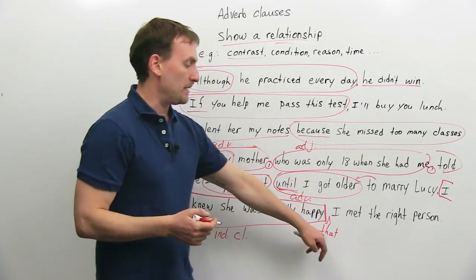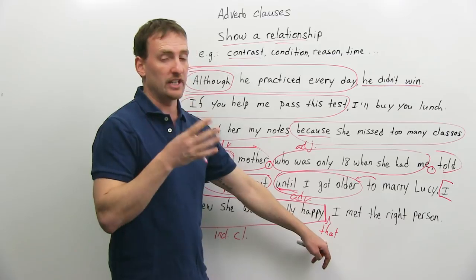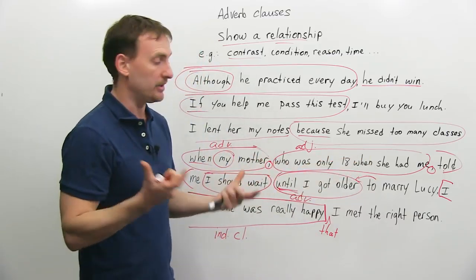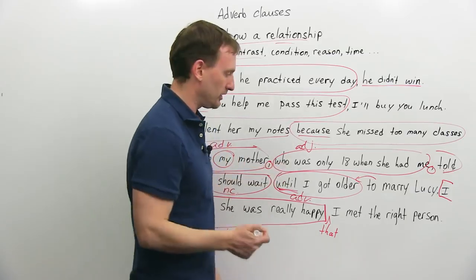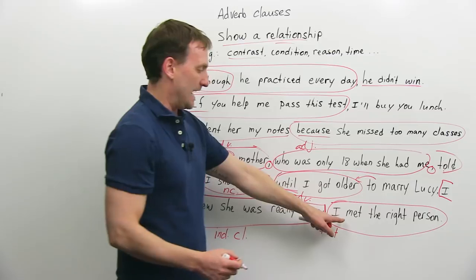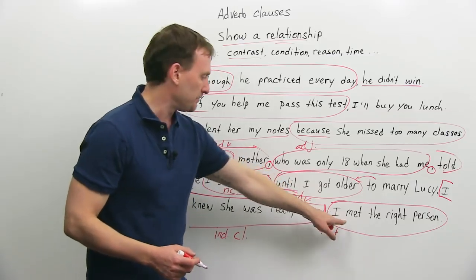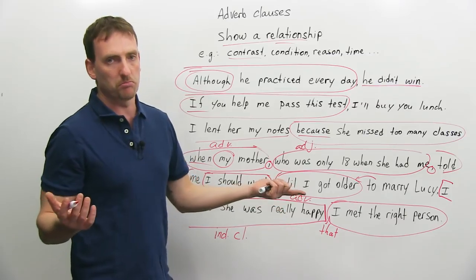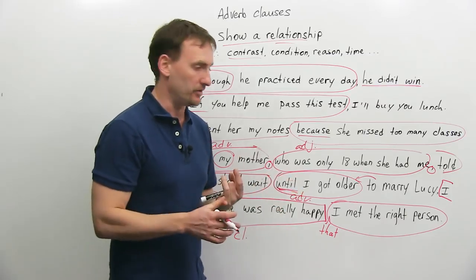I have a subject. Remember, we generally use that just to introduce a clause. It doesn't have any particular function other than to introduce the clause. So I met the right person. Now, is this modifying happy or she or anything? No. So it's not an adjective clause.